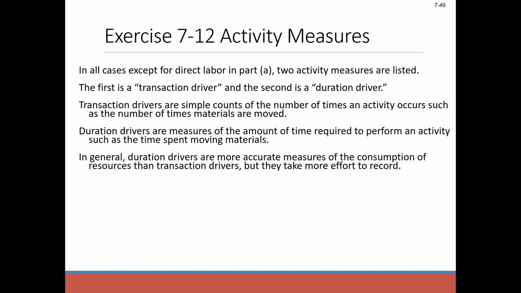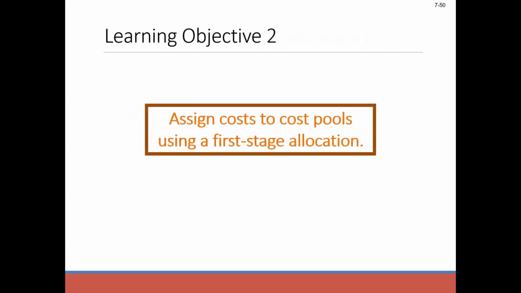Duration drivers are measured in the amount of time required to perform an activity. Usually, duration drivers are more accurate measures of the consumption of resources than transaction drivers are going to be, but they take more effort to record.